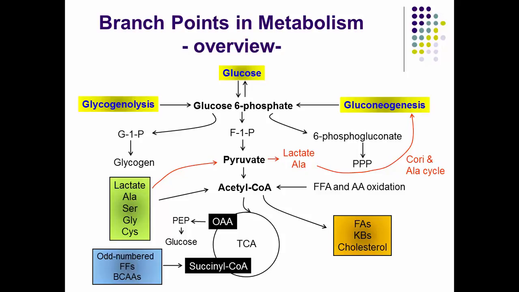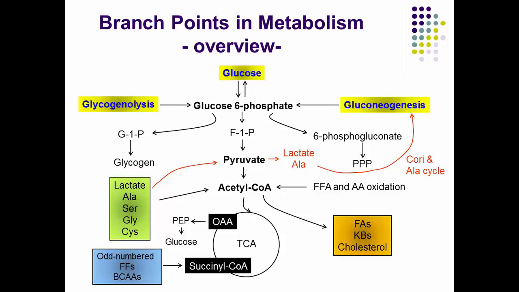And pyruvate can also be converted to alanine in the muscle, right? Specifically in the muscle, and these two molecules are very important precursors of gluconeogenesis, right? Through the so-called Cori cycle and alanine cycle. Remember this, right?